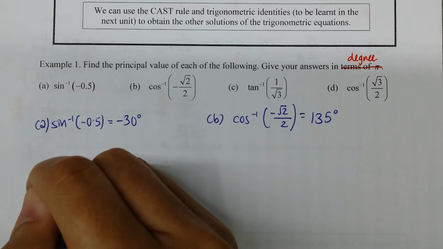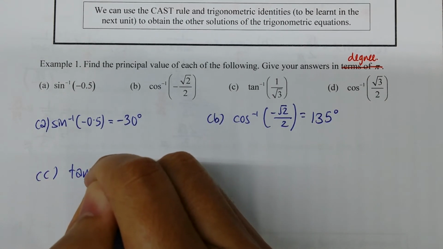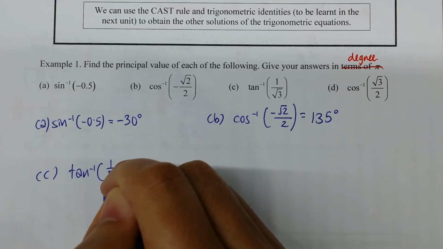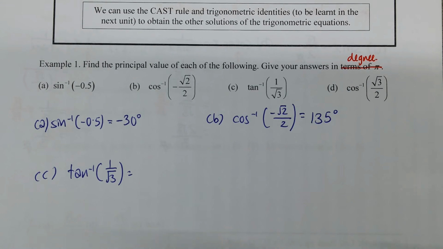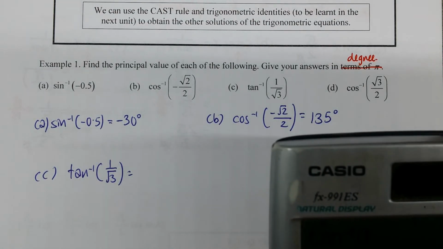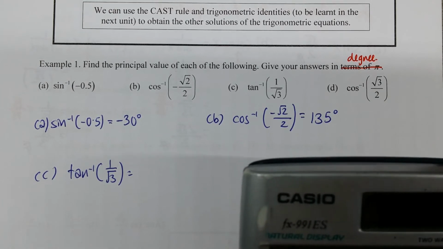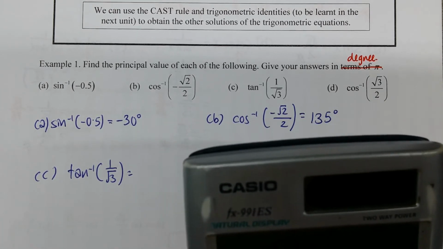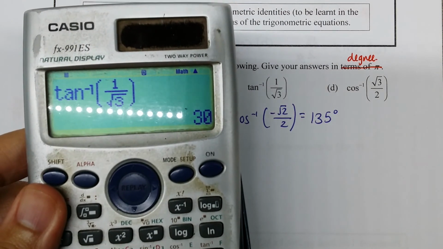Part C, tangent inverse 1 over square root 3 is 30 degrees. Actually, all these questions are quite straightforward.